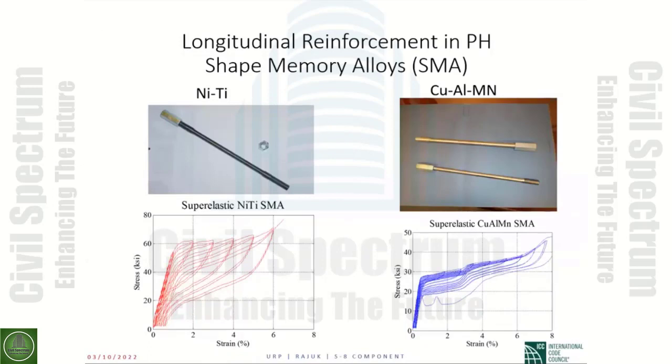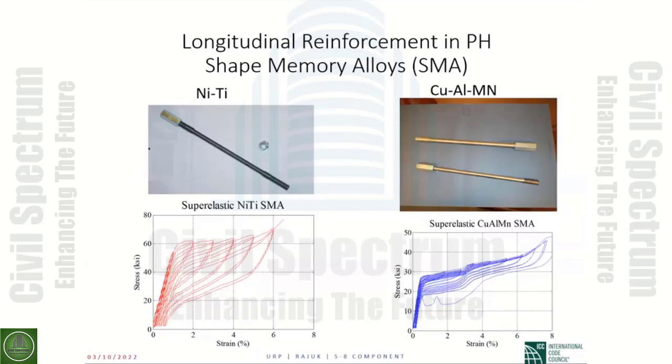Now, the shape memory alloy that is better, has been researched more than any other type, is nickel titanium. So you see a nickel titanium bar in the upper left. And if you look at the stress strain diagram for this, it's the shape of a flag.